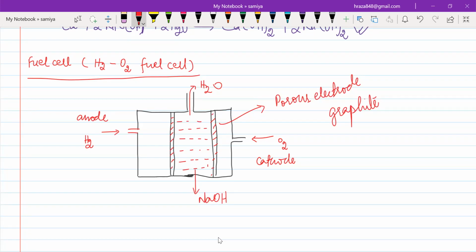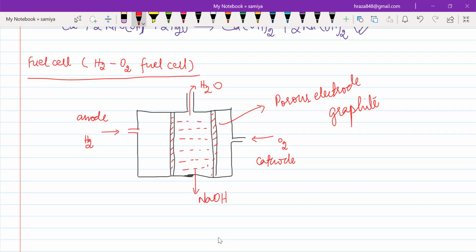On the left hand side is the anode, H2, and on the right hand side it is the cathode, O2, and there is a solution in this chamber of NaOH, that is sodium hydroxide. Done, sir.